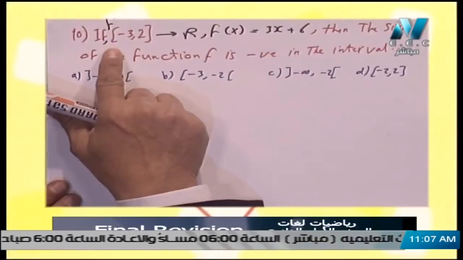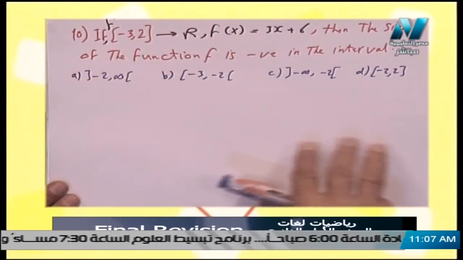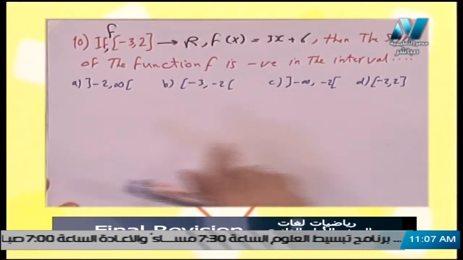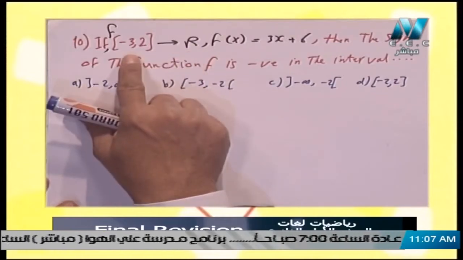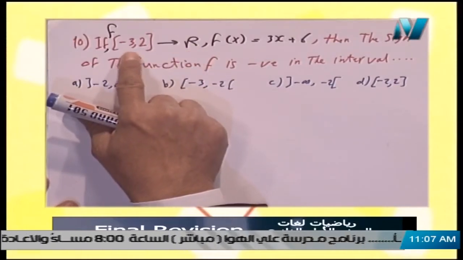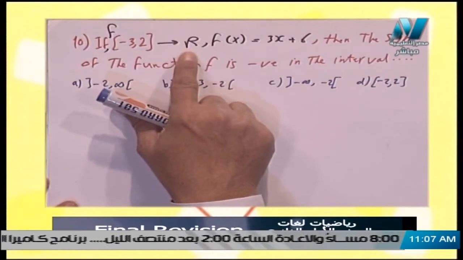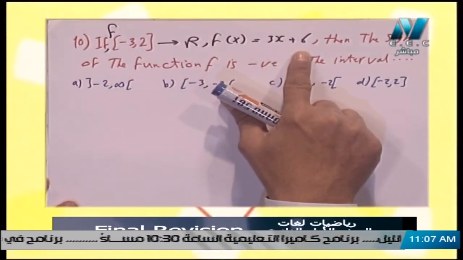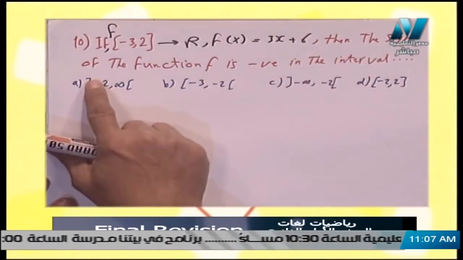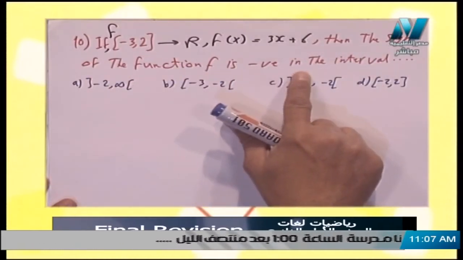If a function f from negative 3 and 2 to R, that means the domain equals negative 3 and 2, and the codomain equals R, and this function f of x equals 3x plus 6, then the sign of the function f is negative in the interval.